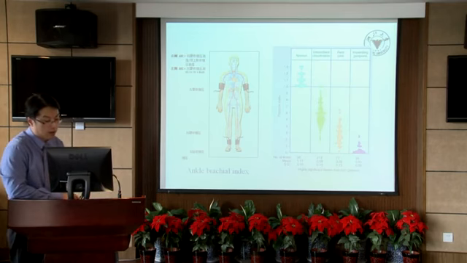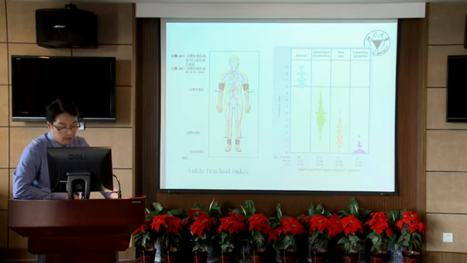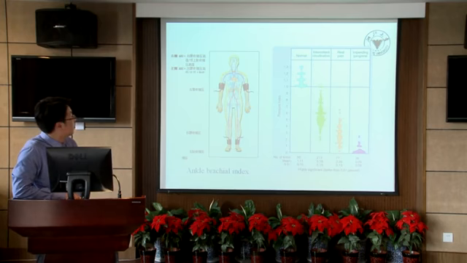The ankle-brachial index is the most commonly tested in ASO. For a normal person, the ABI is more than 1.